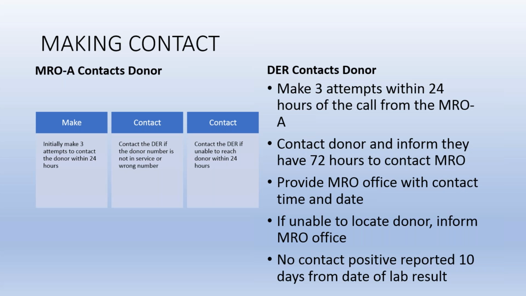If they get them, inform them they have 72 hours to contact the MRO, lets the MRO office know the contact time and date, or if they're unable to locate the donor, inform the MRO office, and then there's 10 more days at that point. So it can stretch out for quite a bit of time. And so, again, if there's a 10-day period from the date of the lab result and there's been no contact, then it automatically transitions into a positive.